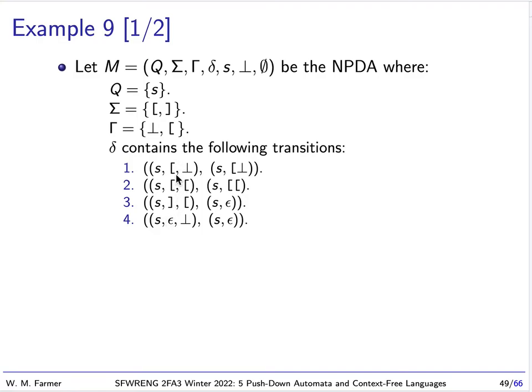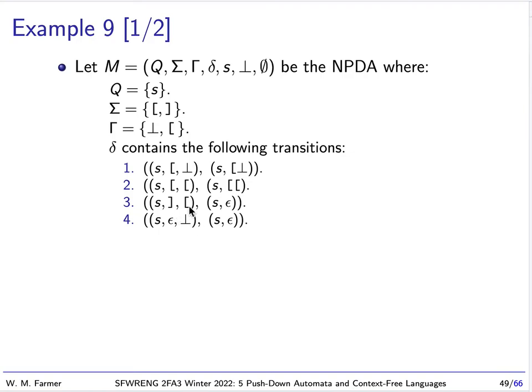If we're looking at a left parenthesis, we will push that onto the stack. If we are also looking at a left parenthesis on top of the stack, we will also push that left parenthesis.